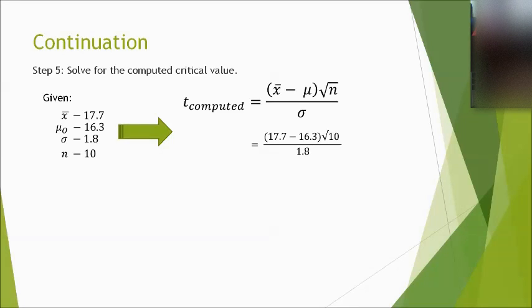So substitute the given values into the formula. We arrive at 17.7 minus 16.3 times the square root of 10 divided by 1.8. Okay? So now, the computed value is 2.459. Okay?